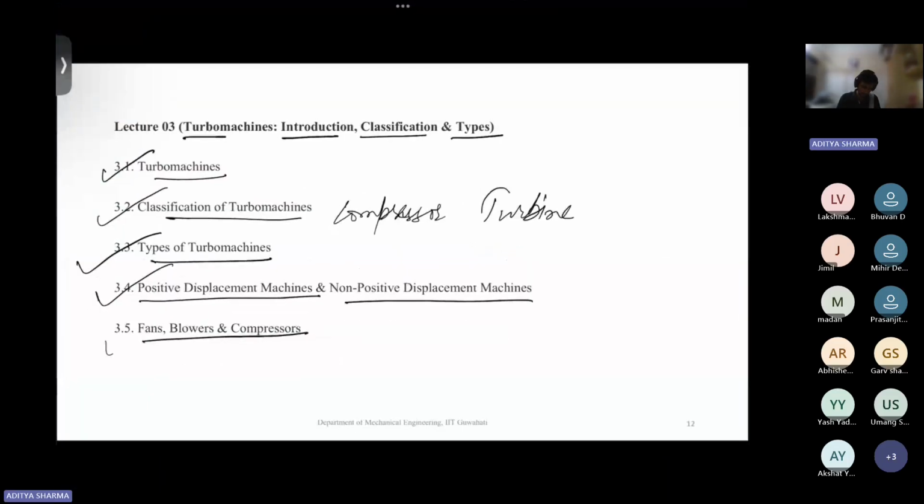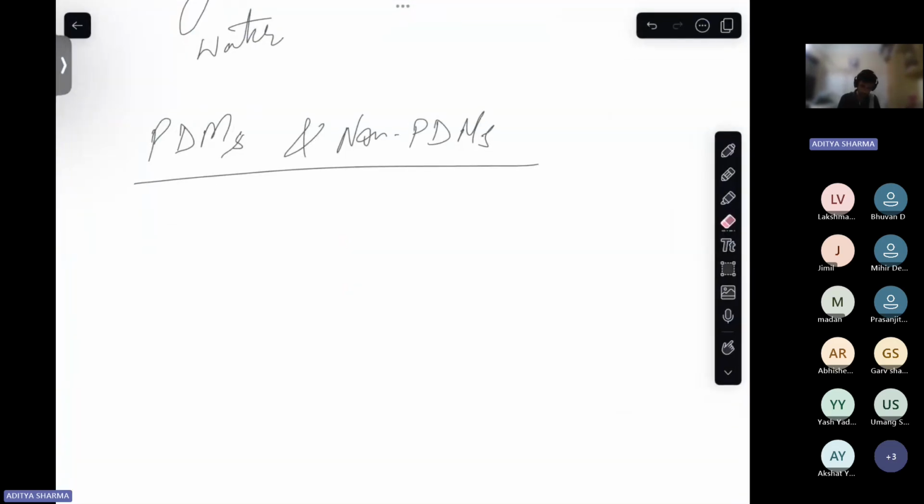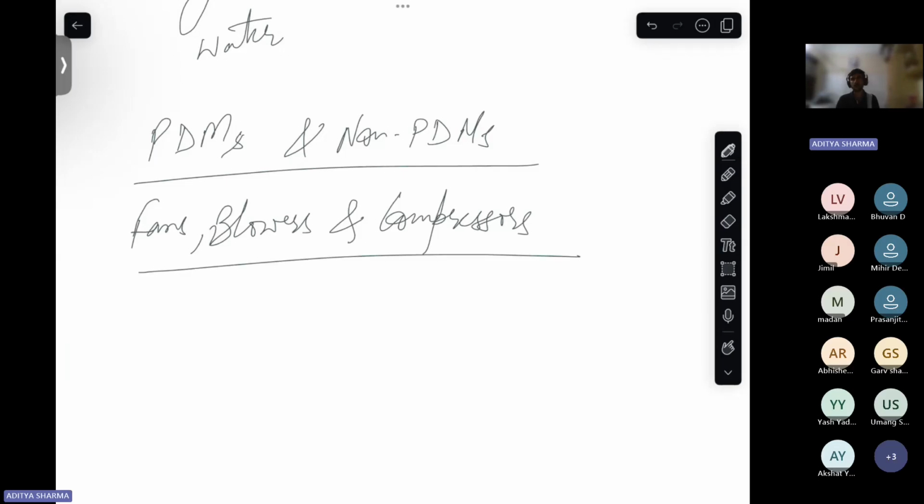Then there are your fans, blowers, and compressors. So what is the difference between your fans, blowers, and compressors? This is based on the pressure rise that a particular device gives us. Based on that, we define these.